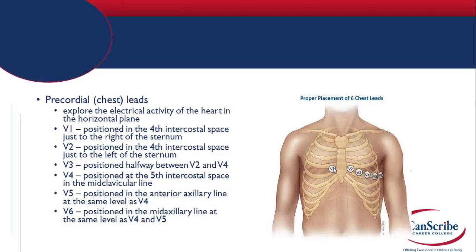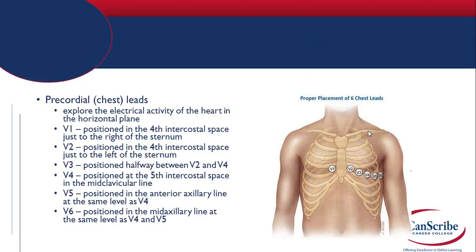And then V2 is in the 4th intercostal space to the left of the sternum, so just on the other side of the sternum. V3 would be halfway between V2 and V4. And then V4 is in the 5th intercostal space in the midclavicular line.